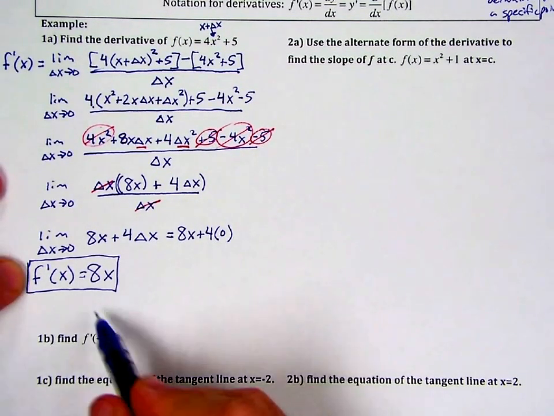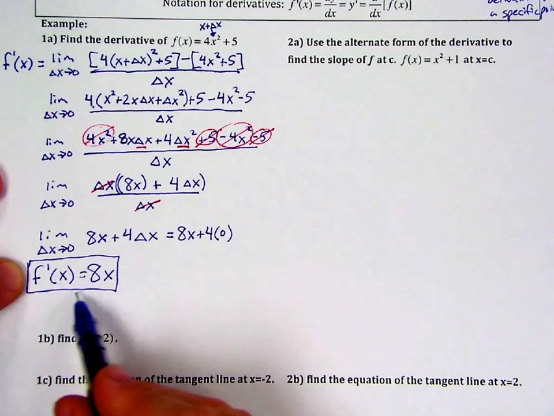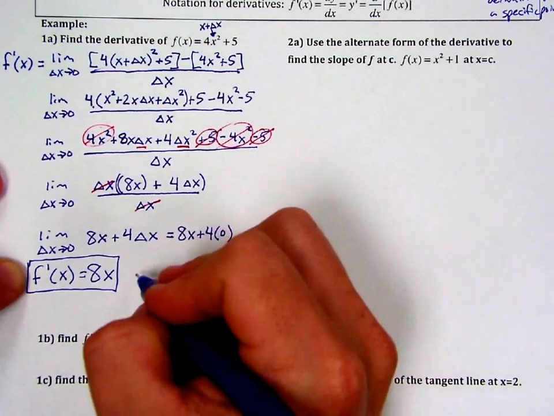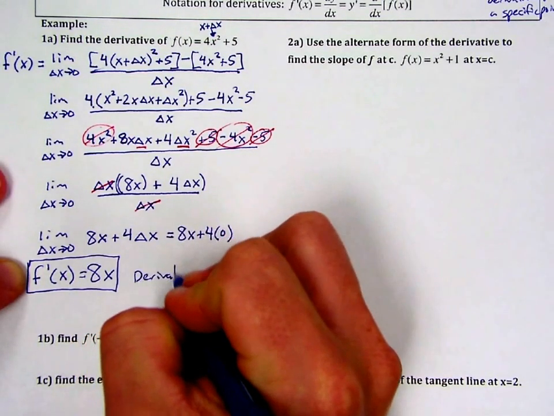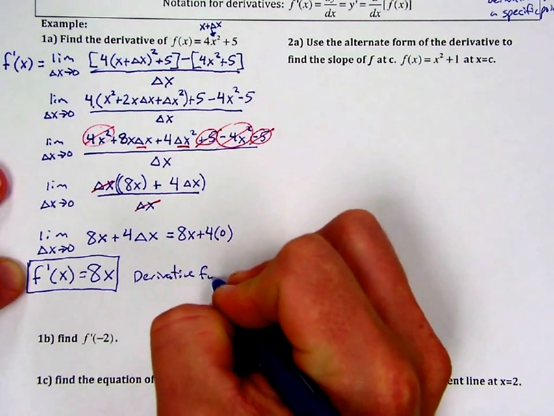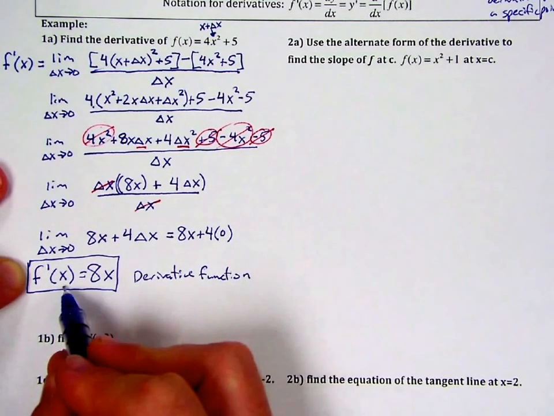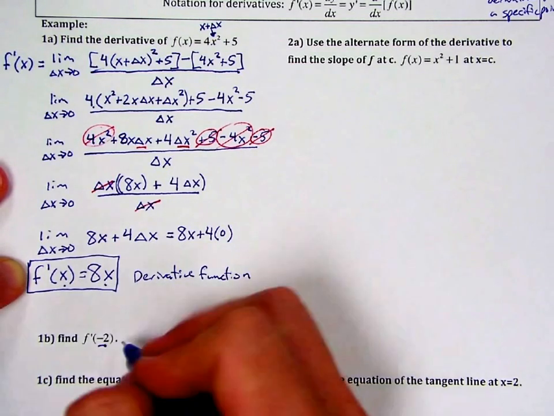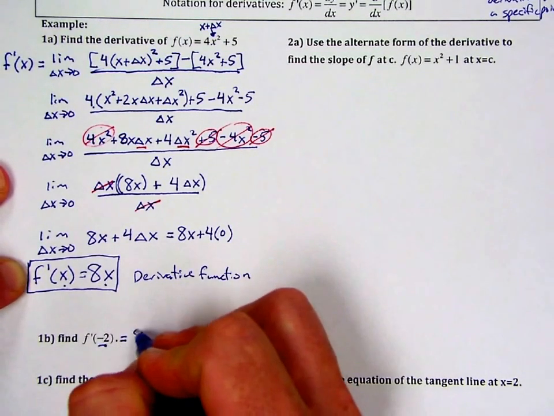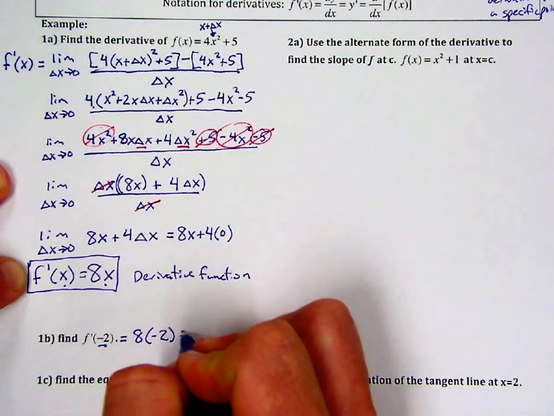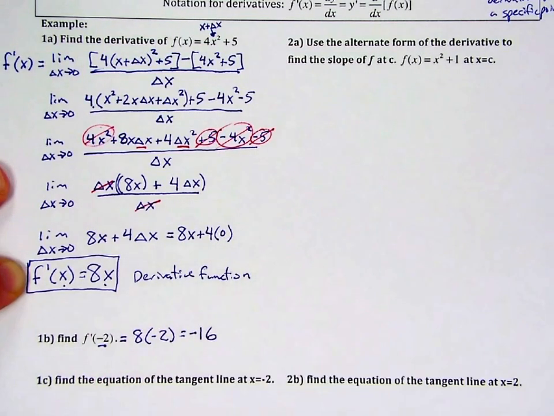Well, if we look at this, f prime of x is our function for the derivative. So all we have to do is substitute negative 2 in for x in the equation here. So this is going to equal 8 times negative 2, which is negative 16.